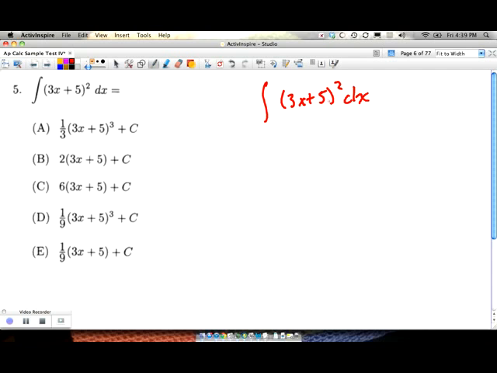Okay, so if I were to see this power and say, oh, that must be a little power rule, so I'm going to do 3x + 5, and I'm going to raise this to a third power and then divide by 3, and then add c. A lot of people do that. That's wrong. And some people say, oh, so I take the derivative, but then I subtract 1 and then go from there. No, that's wrong too.